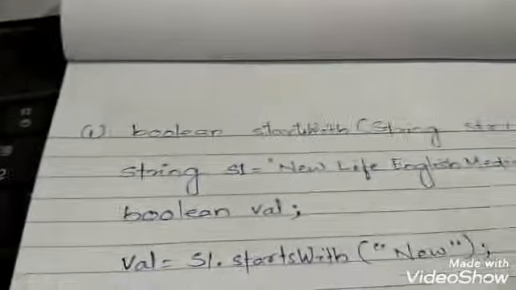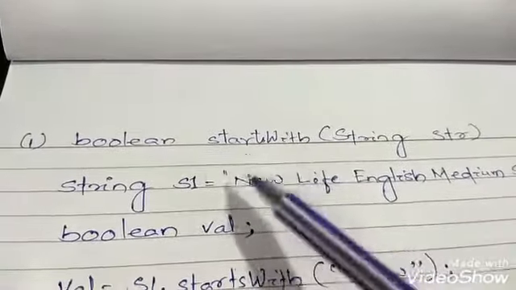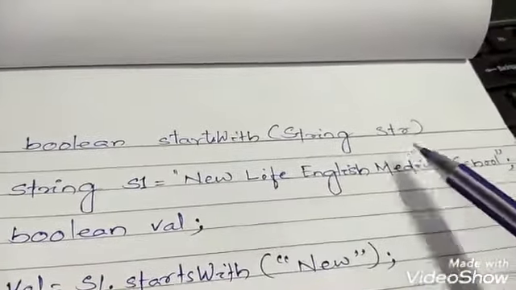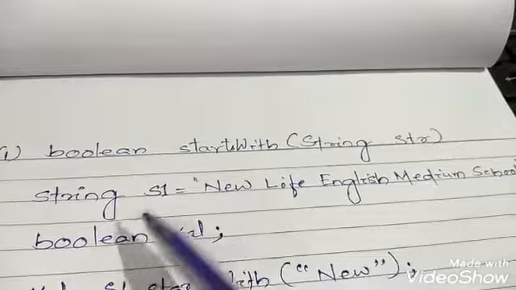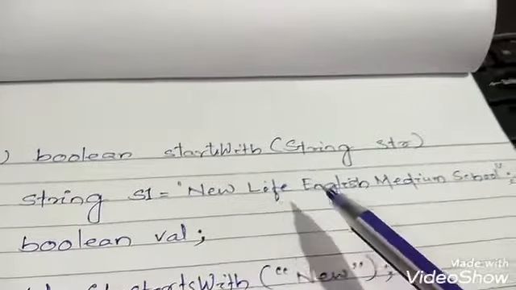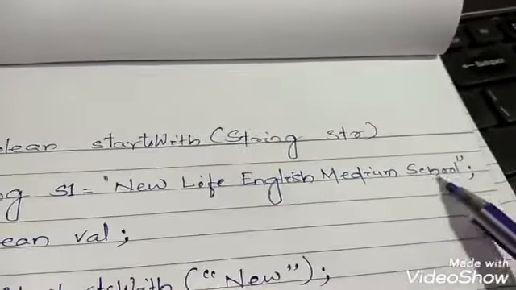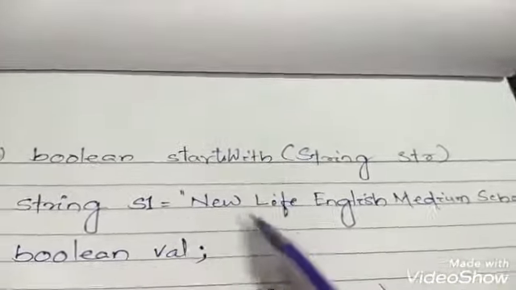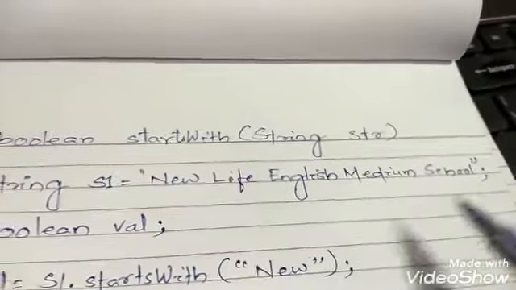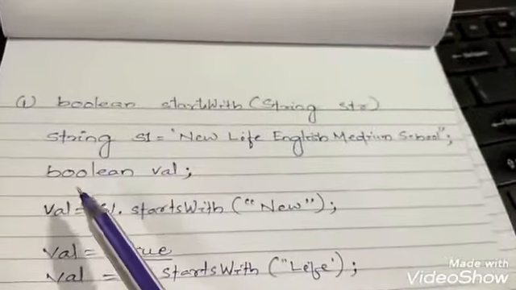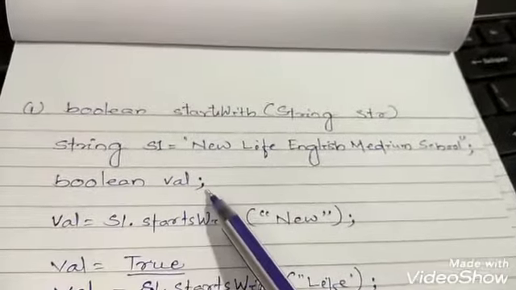Let's have another example. Suppose you have a string s1 equal to New Life English Medium School, and you have another variable called boolean val.